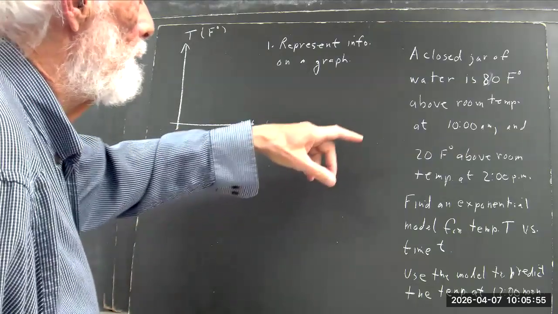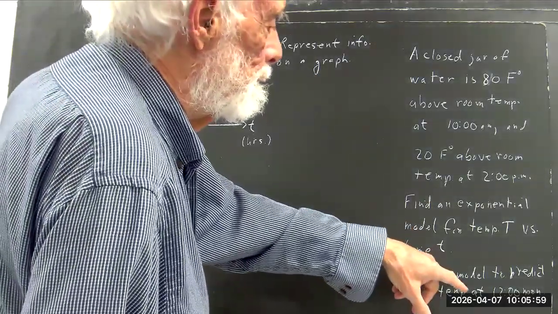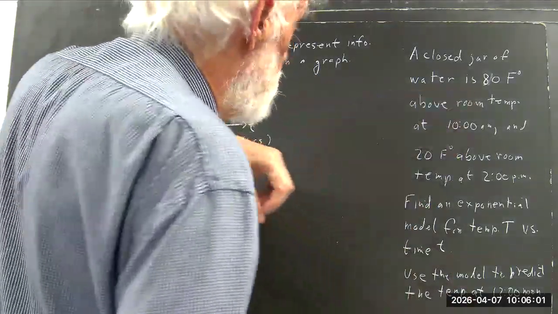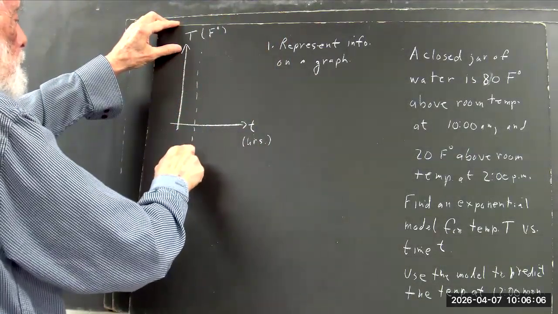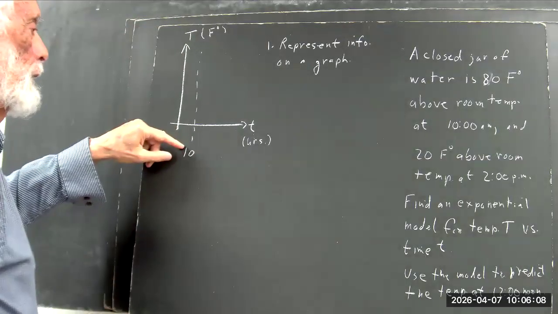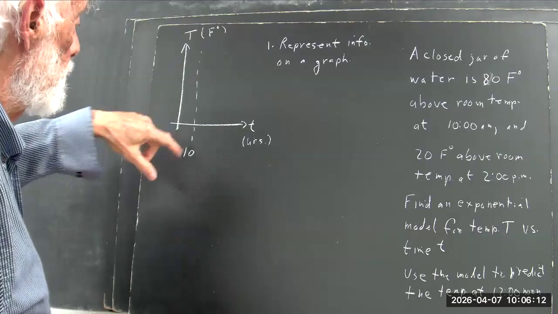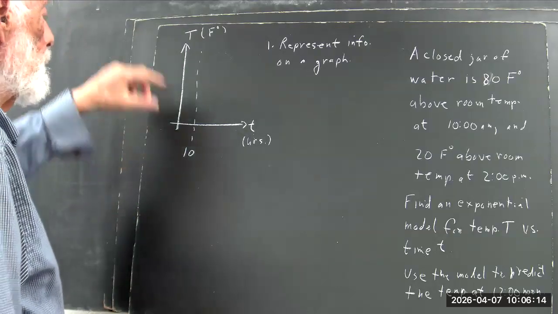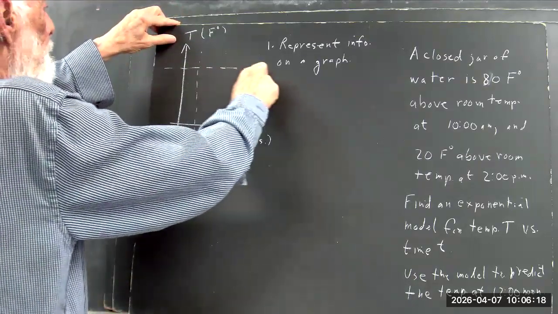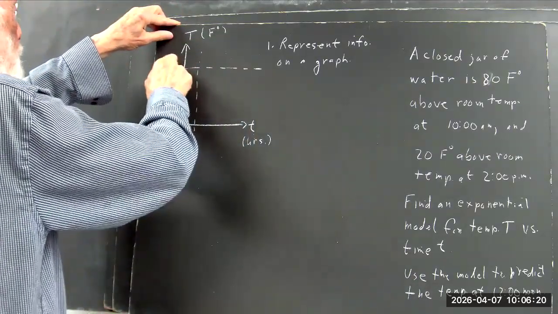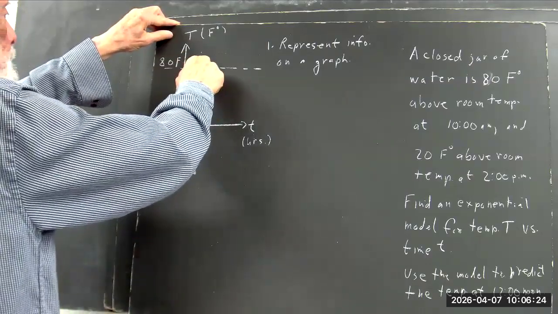We have when time is 10 o'clock a.m. Just put 10 somewhere. We don't really care where the origin is. Put a 10 here for 10 o'clock. The temperature is 80 degrees Fahrenheit. I'll put 80 Fahrenheit here.